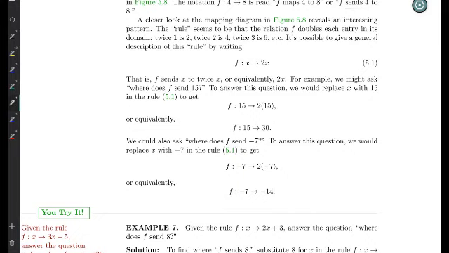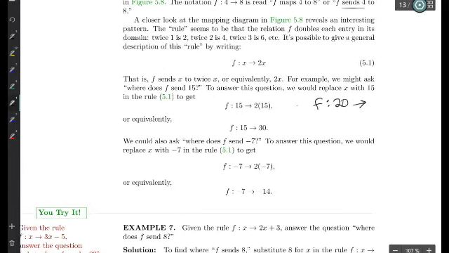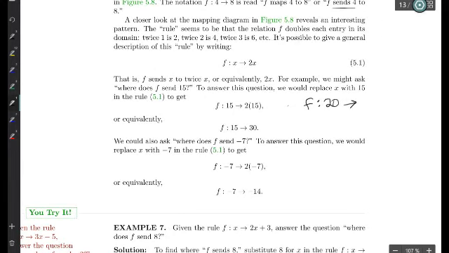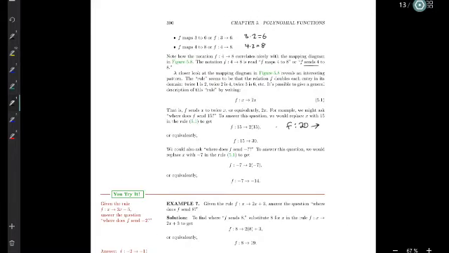Let's try one for ourselves using this function. What would f map 20 to? Well, 2 times 20 is 40.